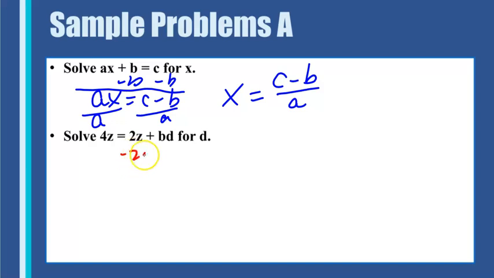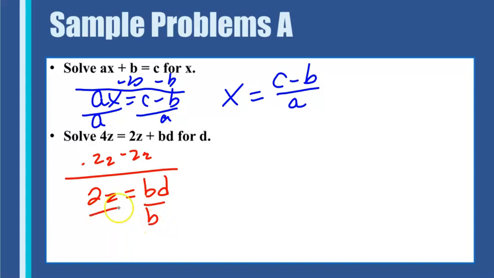So I want to subtract 2z on both sides. That gives us 2z equaling bd. The opposite of multiplying by b is divide by b. And d is going to equal 2z divided by b. So that is our lesson on literal equations.